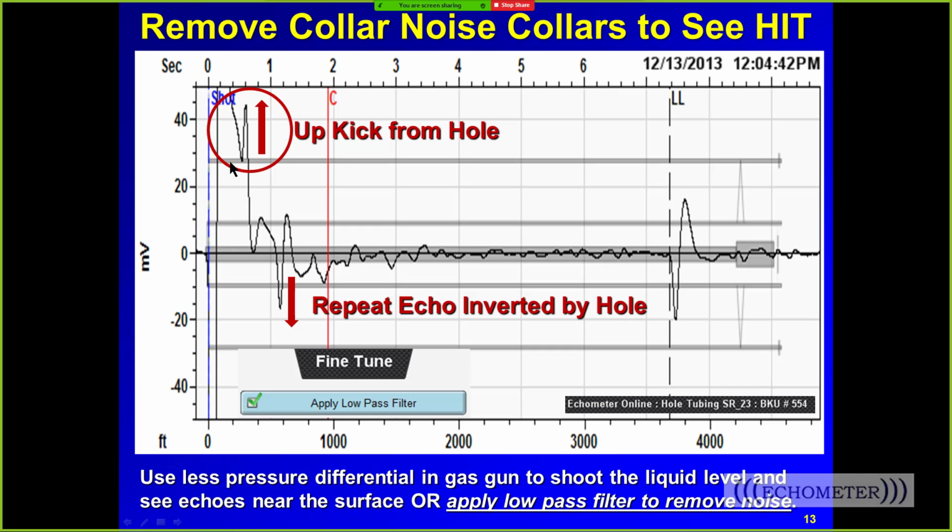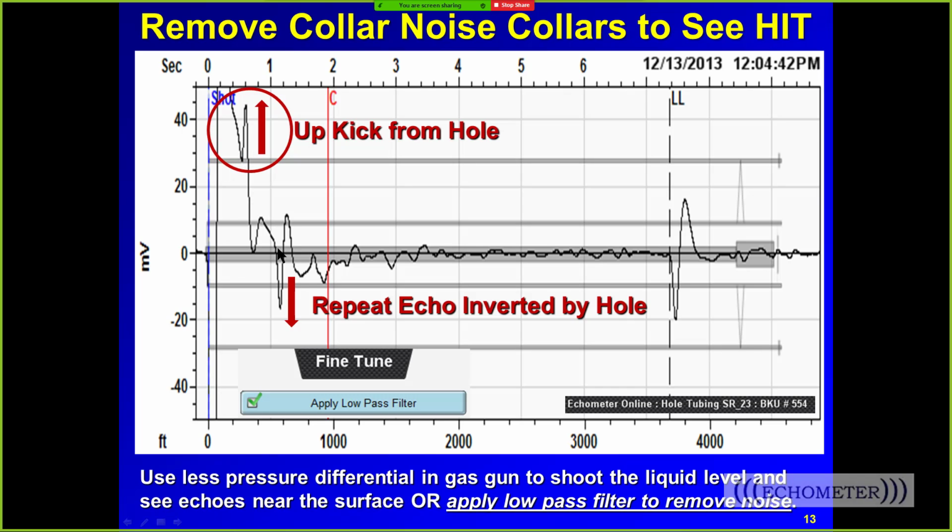Now, when you shoot the fluid level, you send a downkick down the well, and when it sees this hole, the pressure drops and it sends an upkick back up to the surface, and that upkick goes back down and echoes again. Now it's a downkick. Why is it a downkick? Because the hole inverts the signal. A downkick comes, it's inverted, sent back as an up.